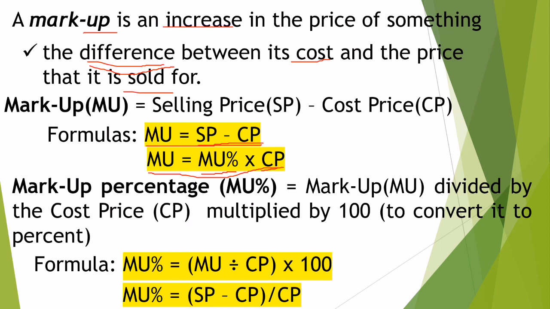So dito, yung first formula, ito ang gagamitin natin kung ang given ay MU, or markup, and cost price. But if the givens are SP, or selling price, and cost price, we're going to use the second formula.